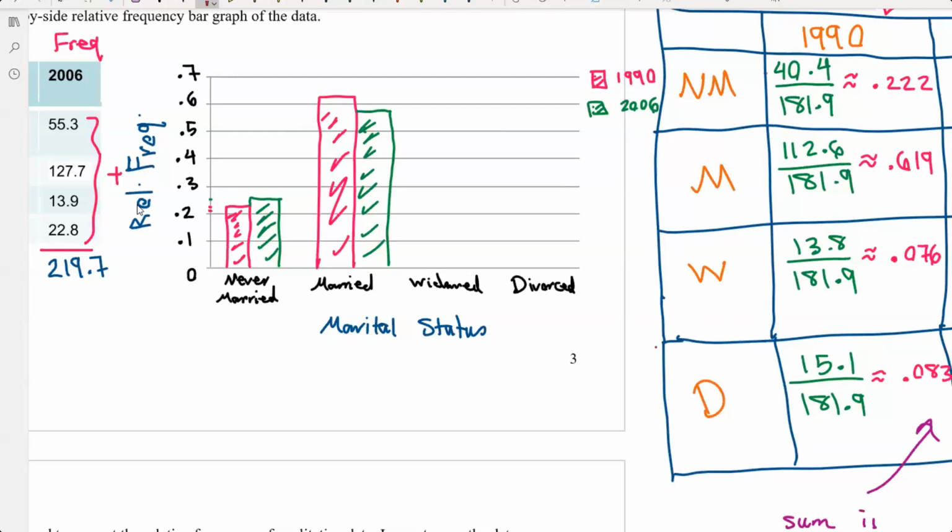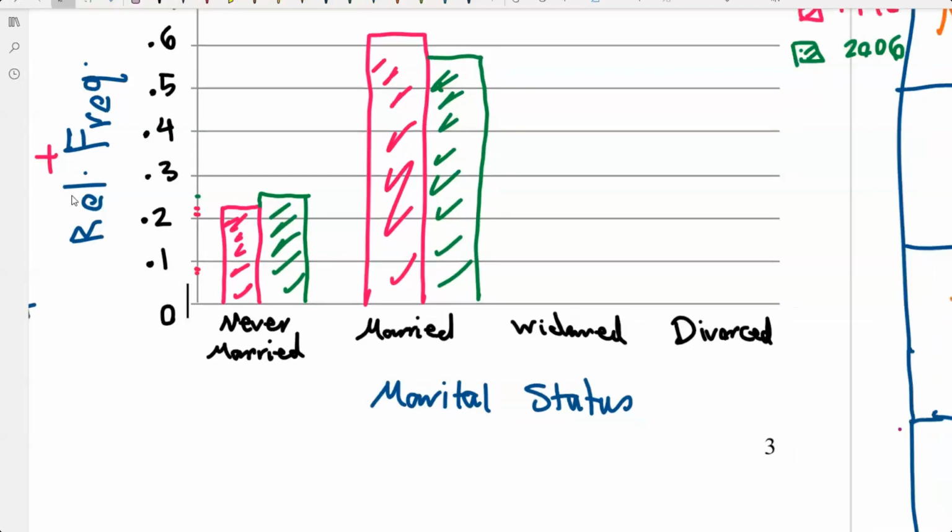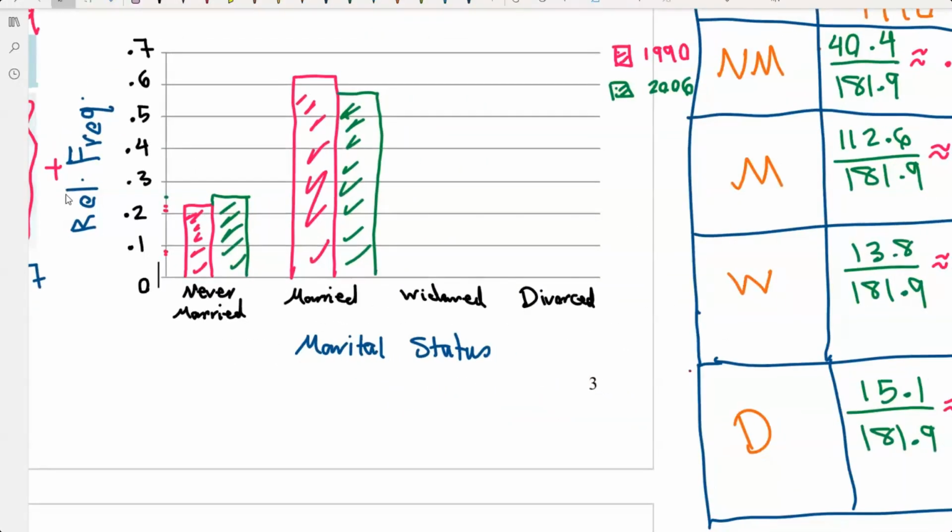So this is 0.10, and that is 0.08. It's kind of hard to graph like this. So we have the difference between these two graphs for widow and divorce.